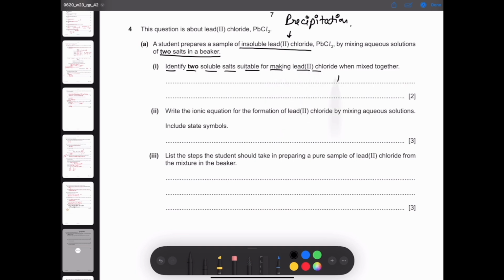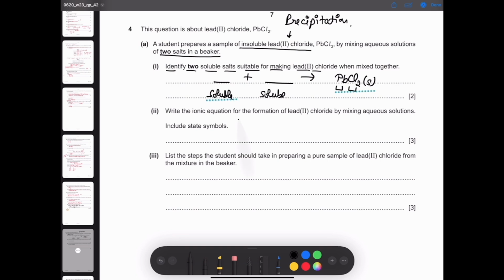Now you just have to think, see, lead chloride is your precipitate. Just think about the salts which might give you the chloride part and the lead part. And these two salts that you're using, these should be soluble salts. I hope you remember this. In precipitation, the two salts that we use need to be soluble salts.